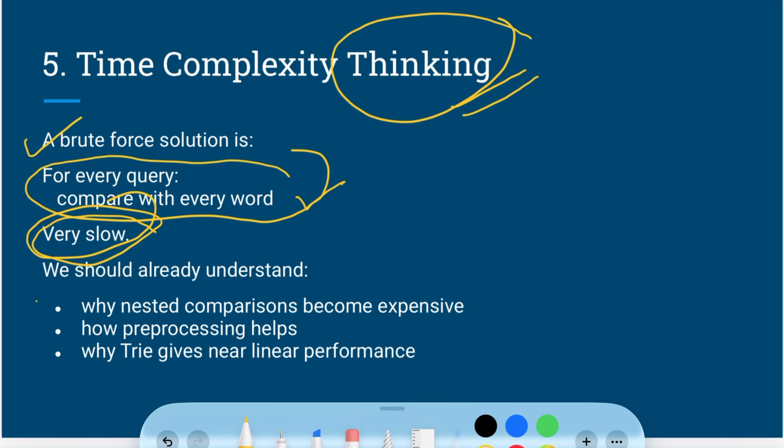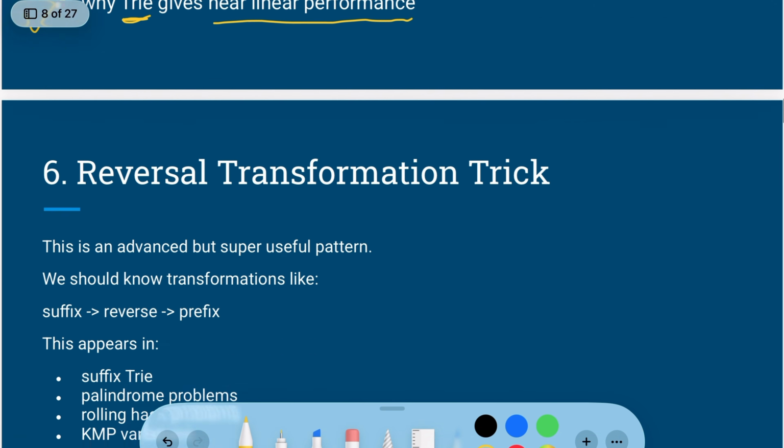So we should understand why the nested comparison becomes expensive, how preprocessing helps, and why the trie gives you linear performance. We should understand why we are going to use the trie.